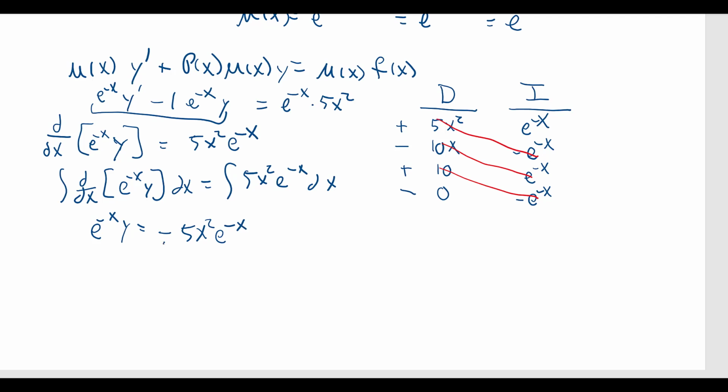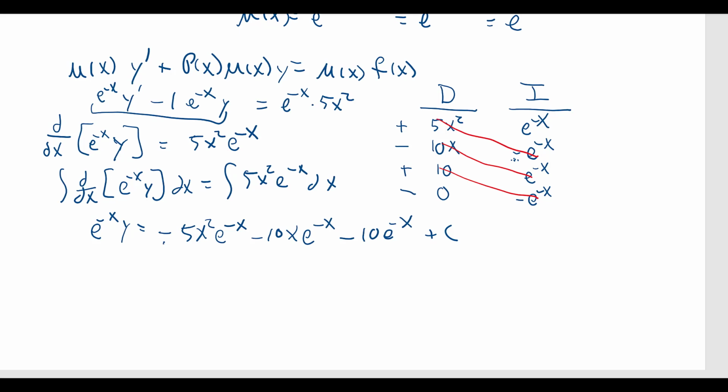Again, this negative here is from this negative here. And then we have minus 10x times e to the -x. And then we have plus 10 times negative e to the -x, so minus 10 e to the -x, then plus some constant c.